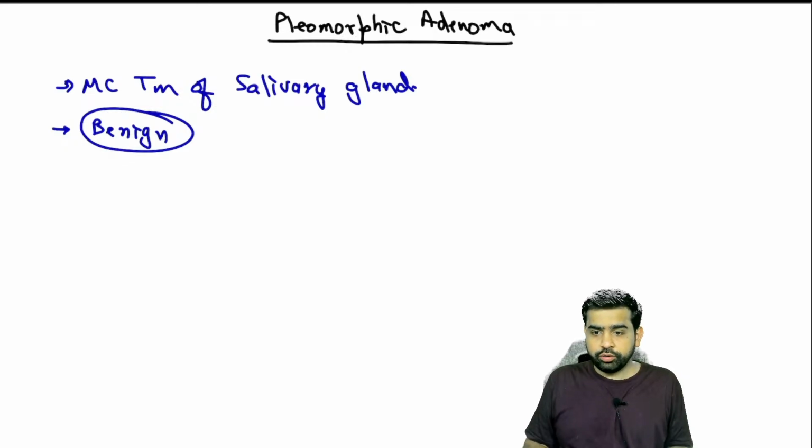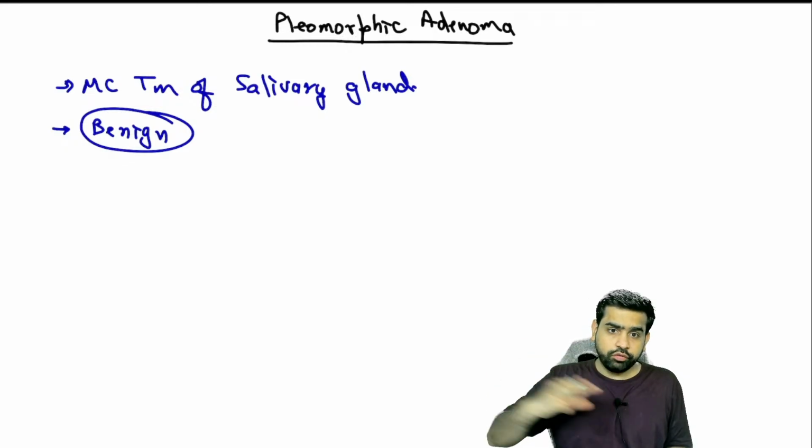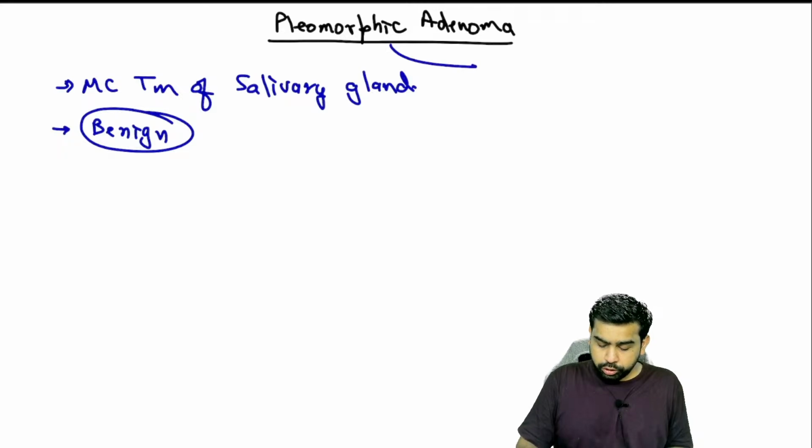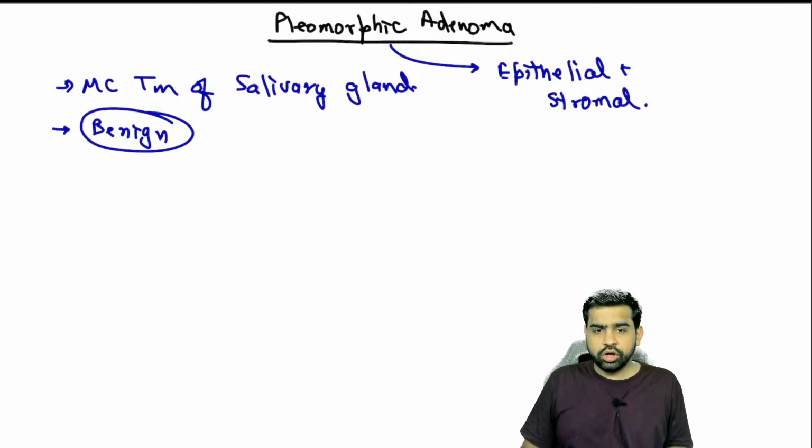And pleomorphic, what do you understand by the pleomorphic? It consists of two kinds of characteristics. Pleomorphic, why? Because it consists of an epithelial component as well as a stromal component. So that is why it is called pleomorphic. Now, one of the characteristic features of this pleomorphic adenoma is the presence of pseudopodia.